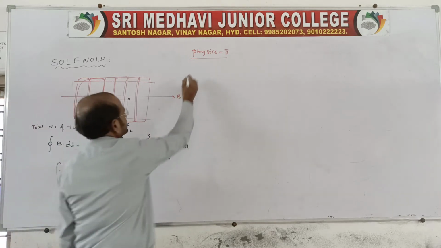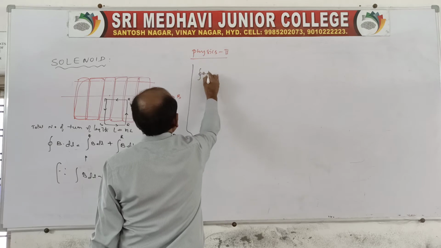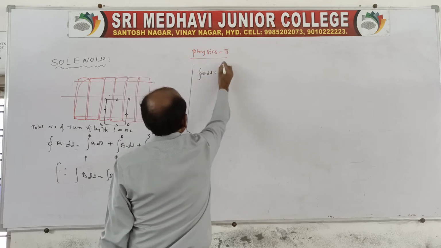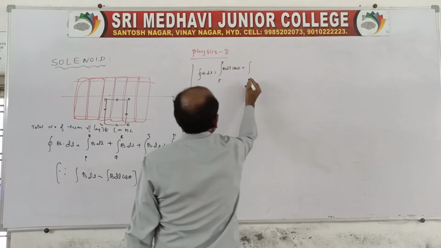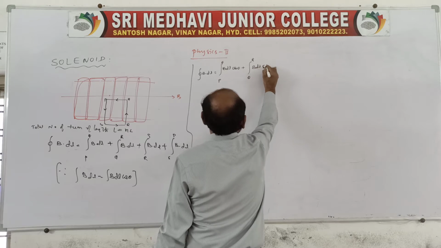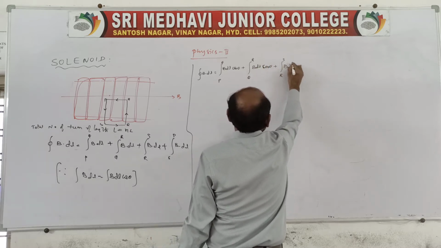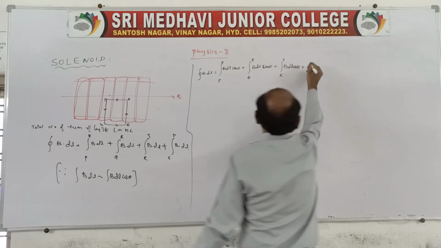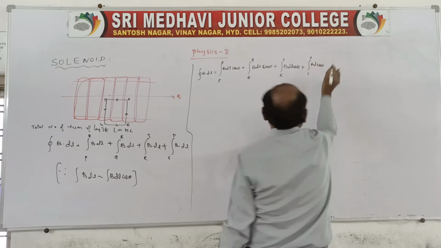So the closed integral of B dot dl is equal to the integral from P to Q of B dl cos theta, plus Q to R of B dl cos theta, plus R to S of B dl cos theta, plus S to P of B dl cos theta. Of course, write the angles.